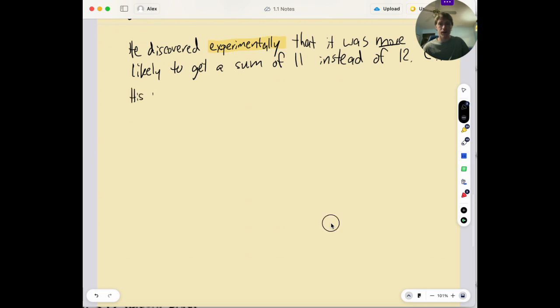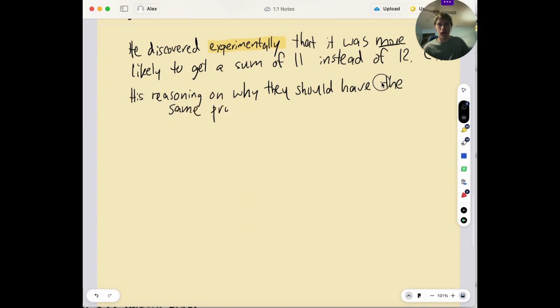So his reasoning on why they should have the same probability. Okay, so here's his reasoning. Let event A be getting a sum of 11, and let event B be getting a sum of 12.